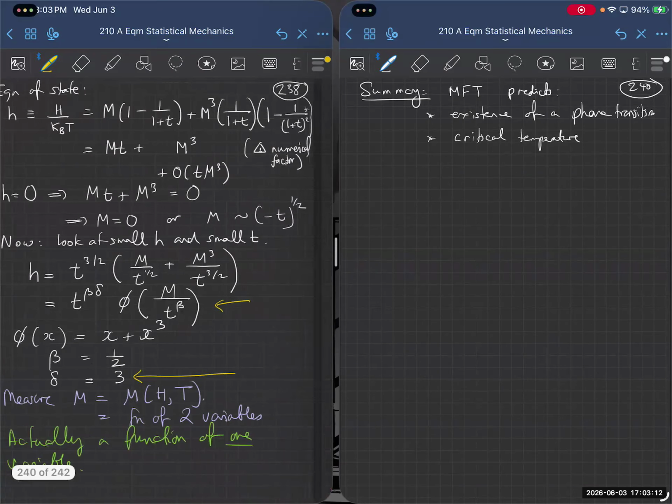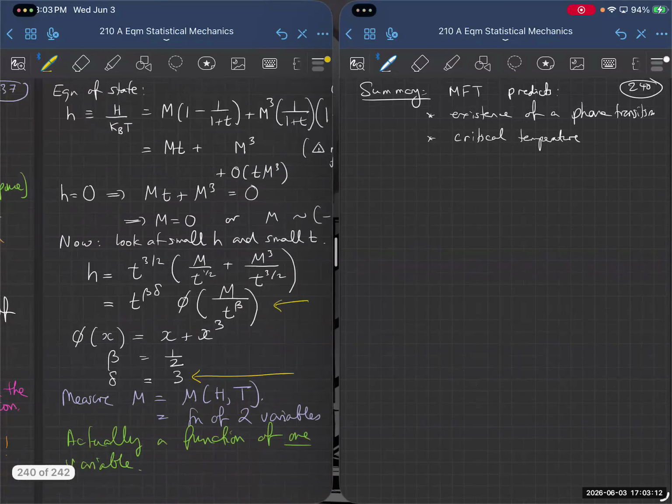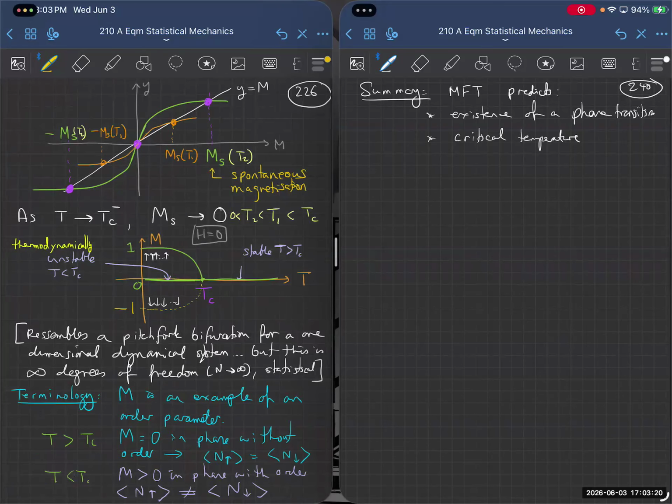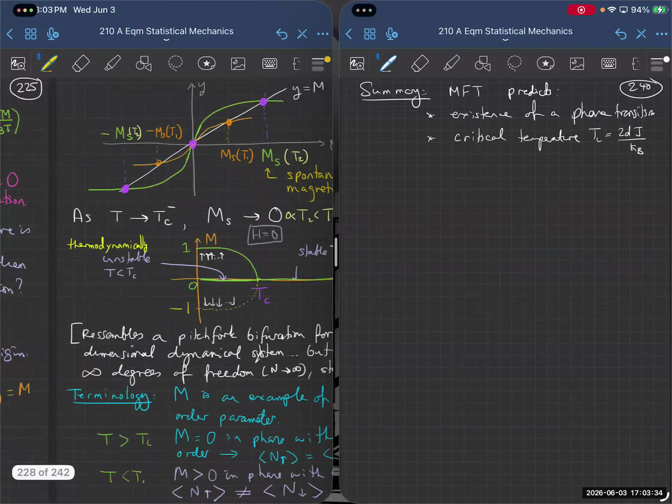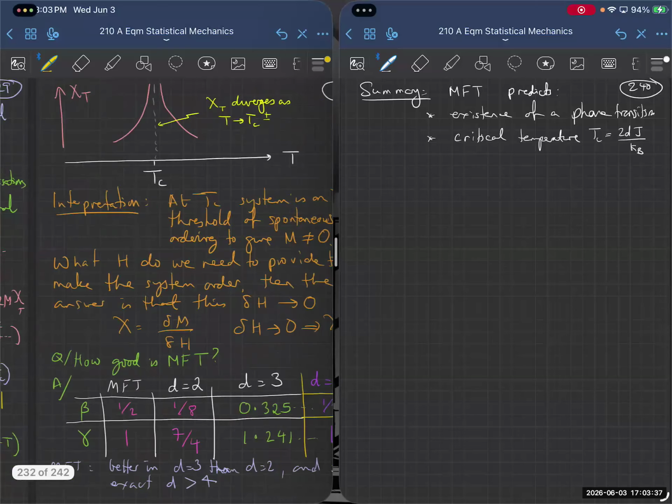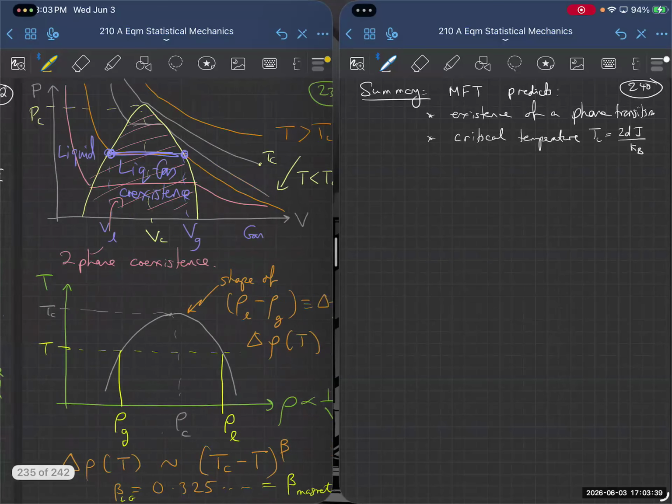So if you go back a million pages, we derived that the critical temperature, Tc, is equal to 2d, the spatial dimension, times J over Boltzmann's constant. So it predicts that.